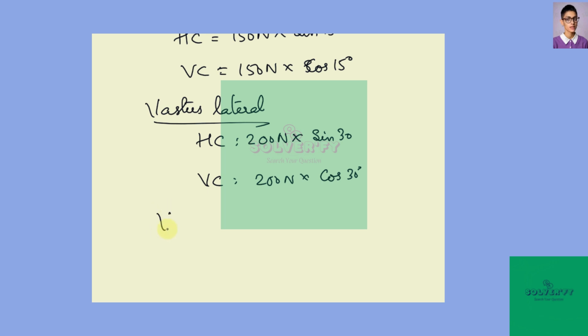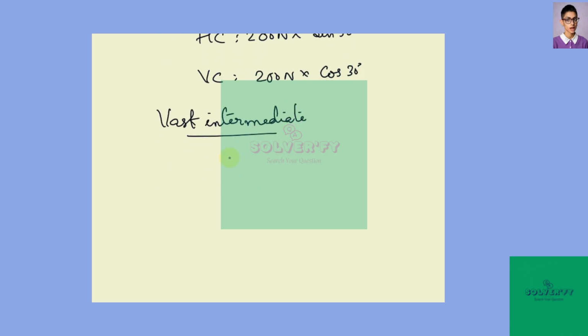And the next muscle is the vastus intermedius. For that, the horizontal component is 200 into sine of 10 degree and the vertical component is 200 into cos 10 degree.